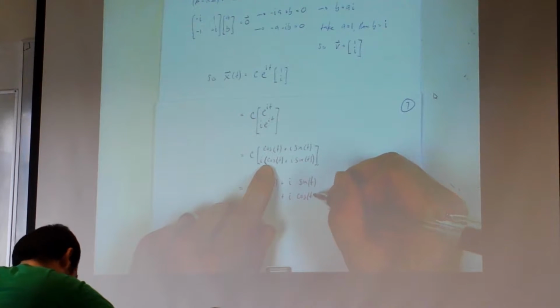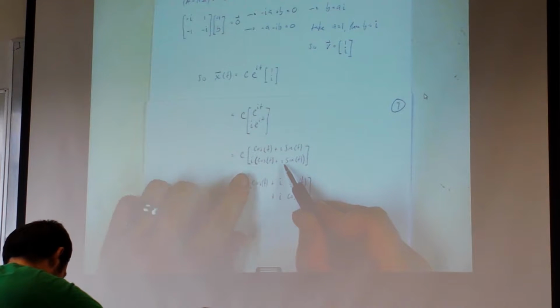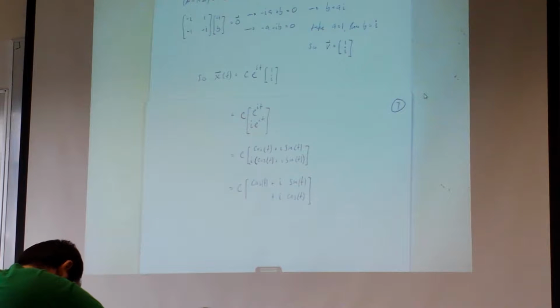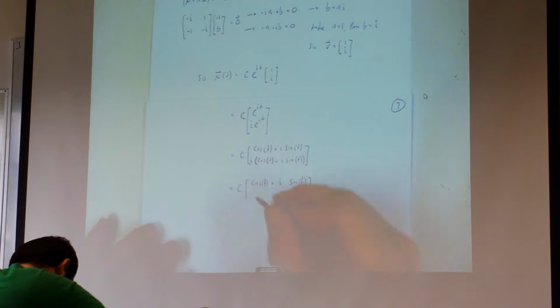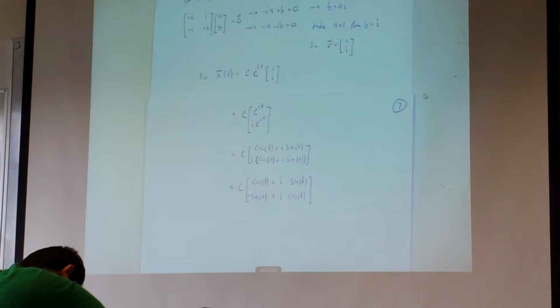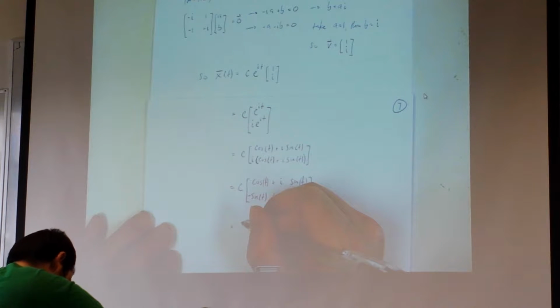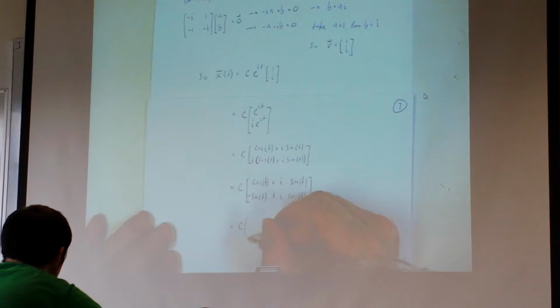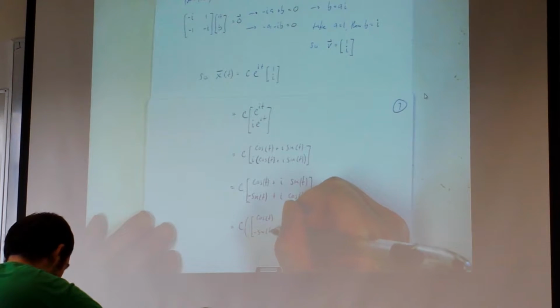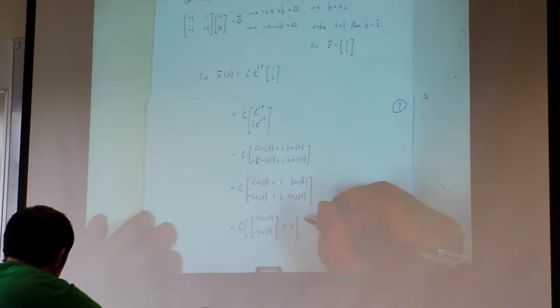And when I distribute that i over here, I get plus i squared sine t. What's i squared? Negative 1. So I have a negative 1 sine t. Again, leaving that constant c out there, what we got is (cosine t, negative sine t) plus i times (sine t, cosine t).